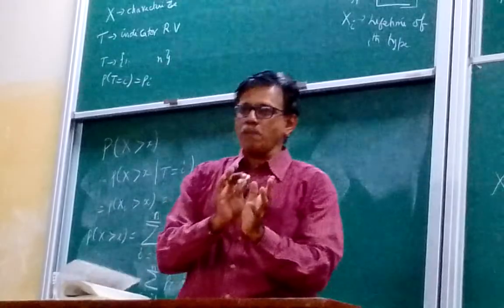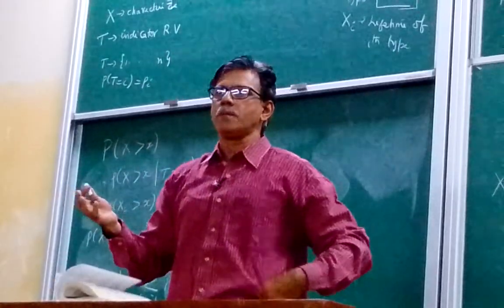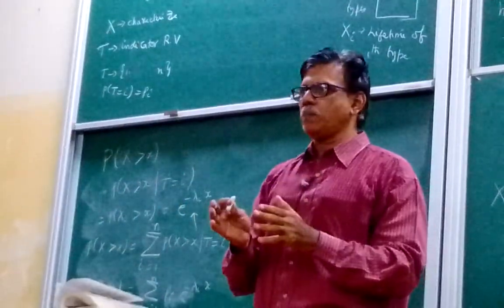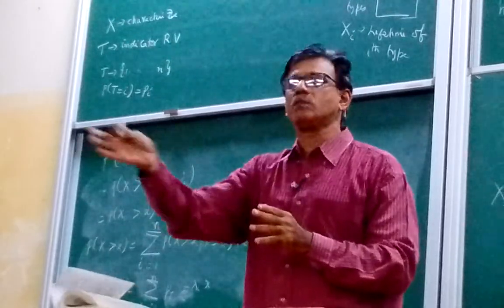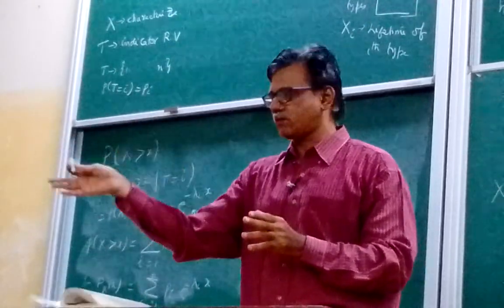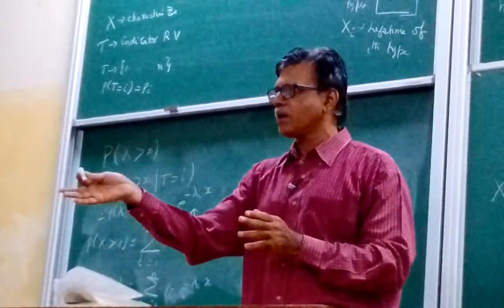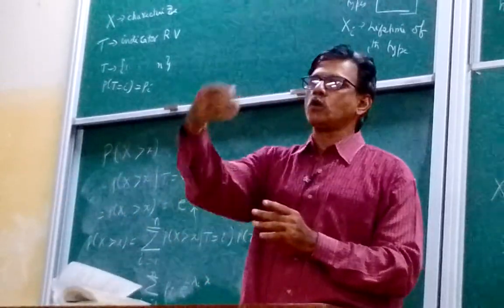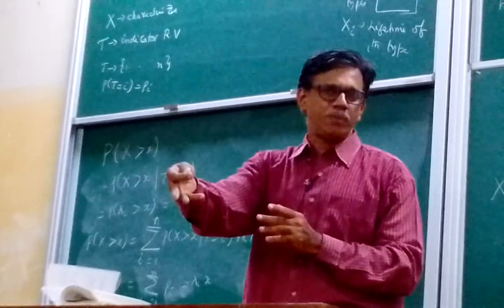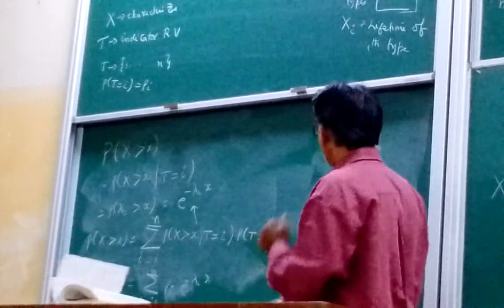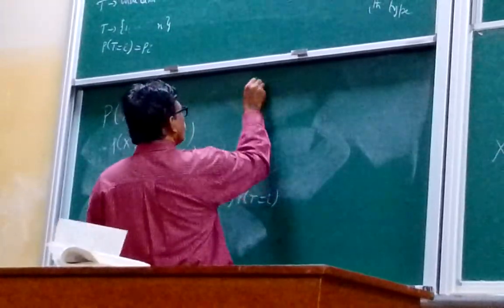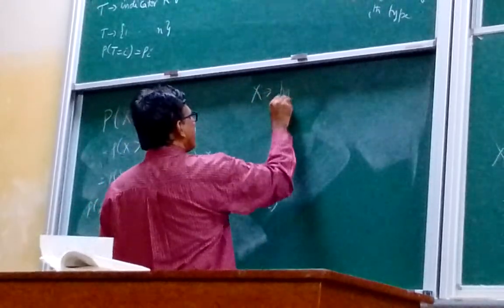Mathematically speaking, X is a random variable which can be one among the n possible random variables X1, X2 to Xn, which are all exponentially distributed with parameters lambda 1 to lambda n. It is equal to Xi with a probability pi.